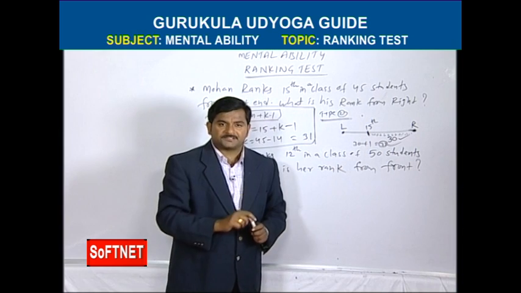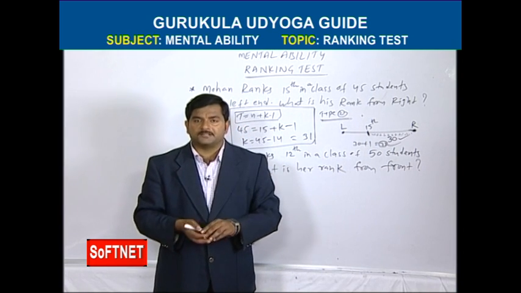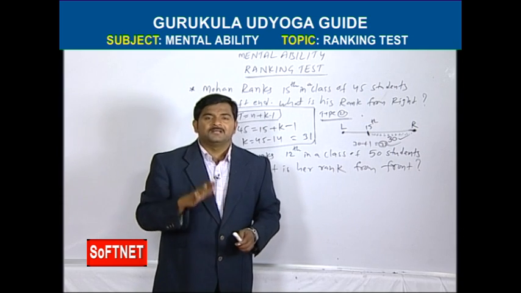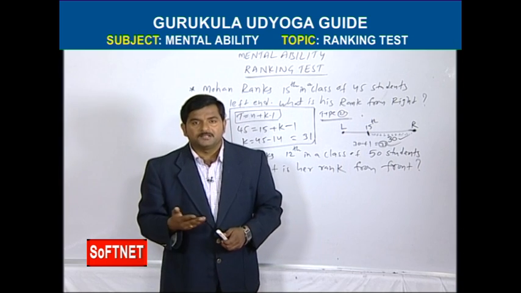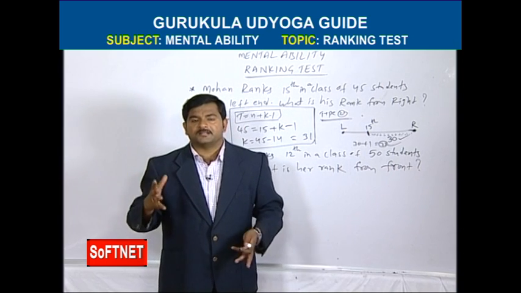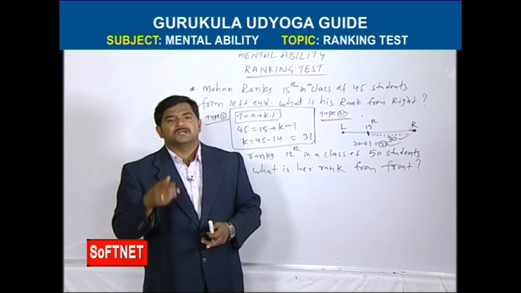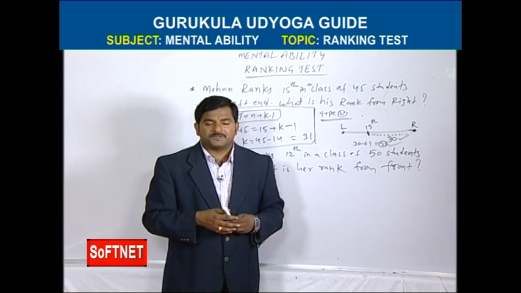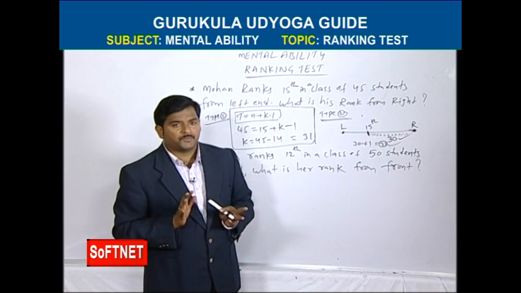East, west, north, south, left, right, front, back, behind, left hand, right hand: these all are the same concept. For all these types of questions you can simply use the formula T is equal to n plus k minus 1. I hope you understood this concept.